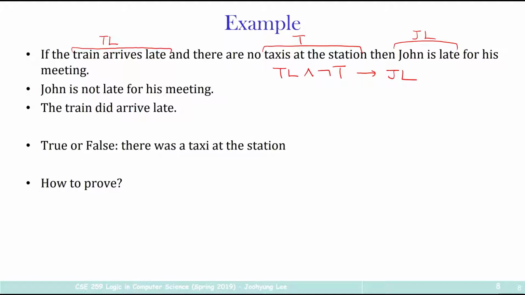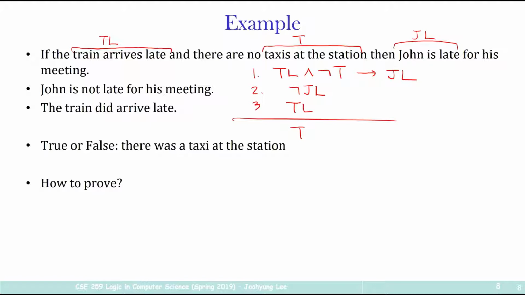The second one, John is not late for the meeting, can be represented as this one. The train did arrive late is TL. So you know these three facts, 1, 2, 3. And the conclusion that we want to check is whether there was a taxi at the station.